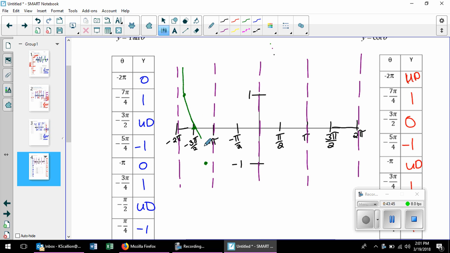So now what's happening? It's like a reflection, Carson, but why isn't it just a reflection? Now I fall to the right and rise to the left, kind of like a reflection, but what's the difference in this graph between a reflection and a reciprocal? What happened to my asymptotes?